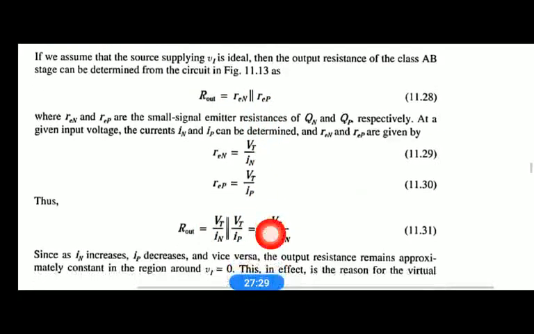If you take the parallel combination of these, you will get VT divided by IP plus IN. To take the parallel combination, you know it is VT by IN into VT by IP, whole divided by VT by IN plus VT by IP.